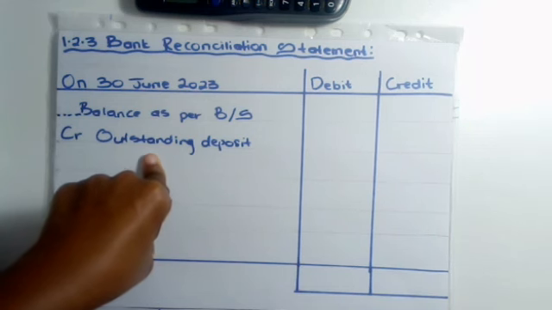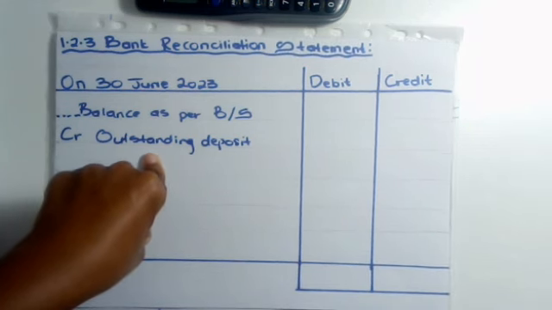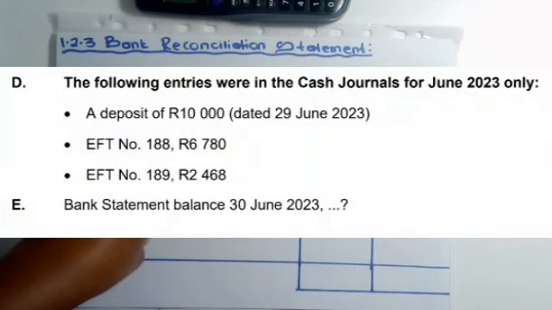So when you go to information D, you will see information D says the following entries were in the cash journals for 30 June, for June 2023 only, meaning they appear in the cash journals. In our books, they're there, but they are not in the bank statement, meaning these amounts have not reached the bank.